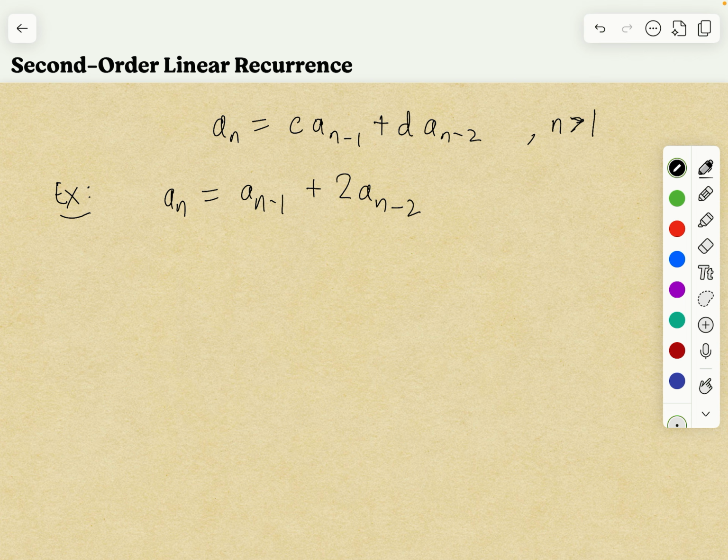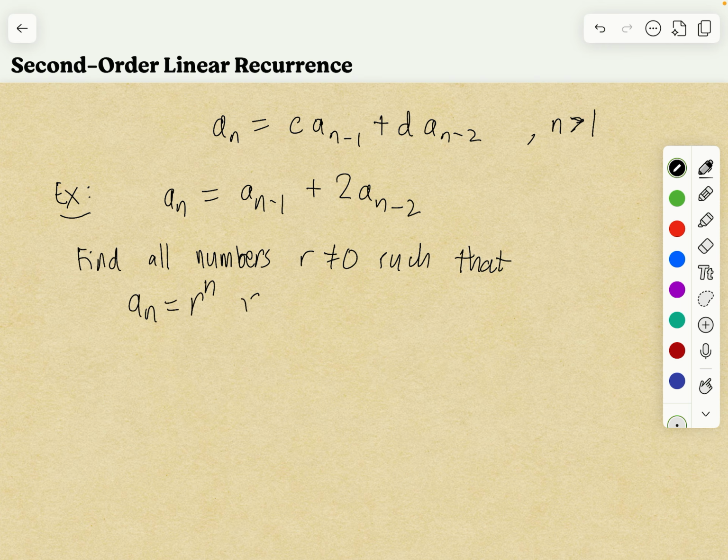When you're solving something like this, it helps to first look for solutions of the form r to the n. So first, we'll find all numbers r not equal to 0, such that a_n equals r to the n is a solution to the difference equation.